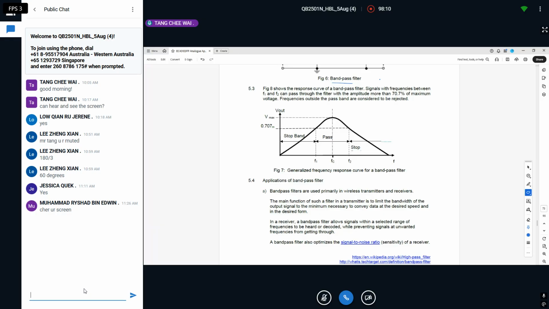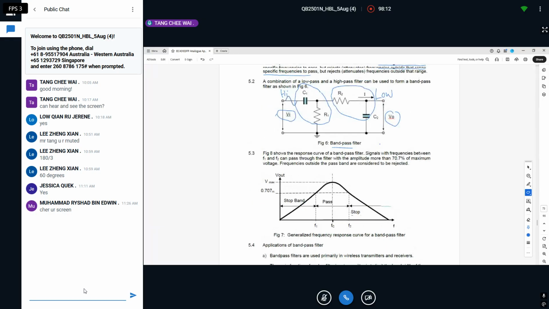If you relate back to your diagram earlier on, the up slope is your high pass filter, and your down slope relates to your low pass filter. Putting them both together, I have this so-called hill or mountain kind of shape.